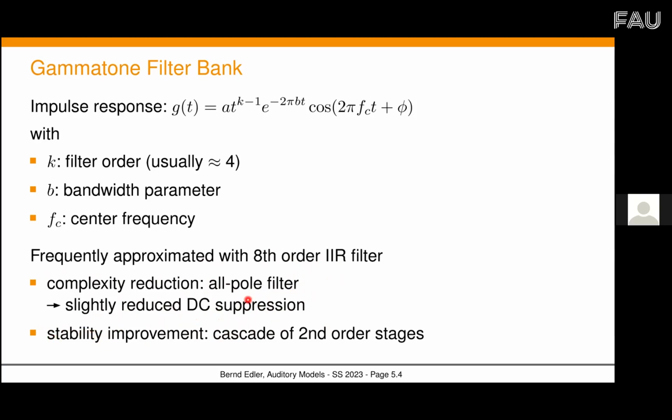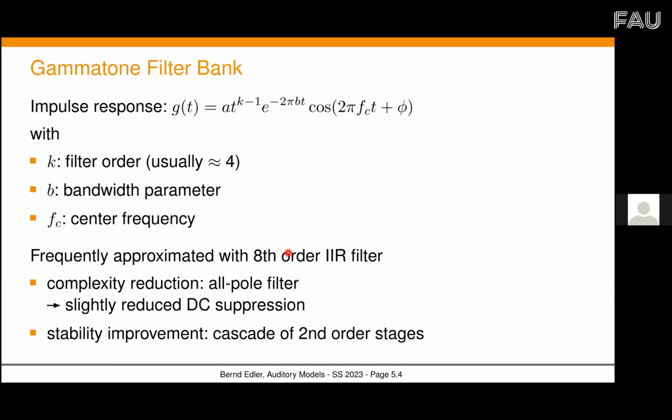And then one thing is we have quite narrow filters if we want to cover the whole frequency range up to 20 kilohertz with our gamma tone filter bank. We need a sampling frequency which is at least 40 kilohertz from the Nyquist theorem. And if we would then have filters with a bandwidth of 100 hertz, that would be the critical bandwidth. But if you remember the Bark scale, it went down to below 50 hertz.